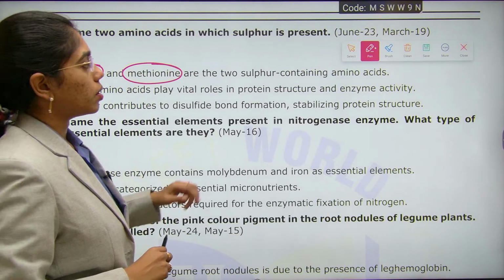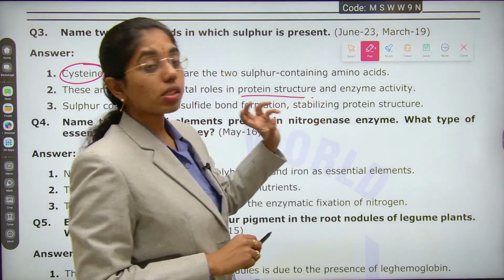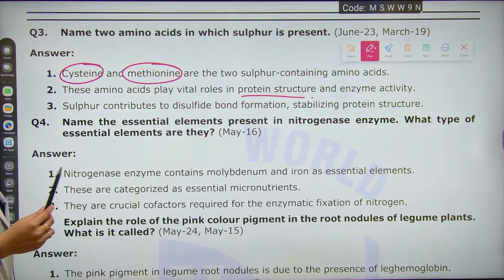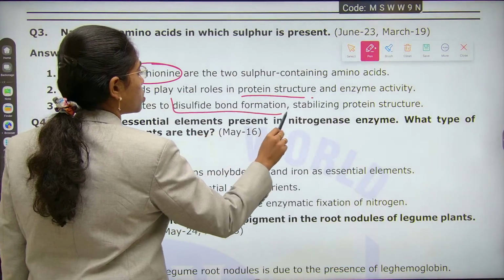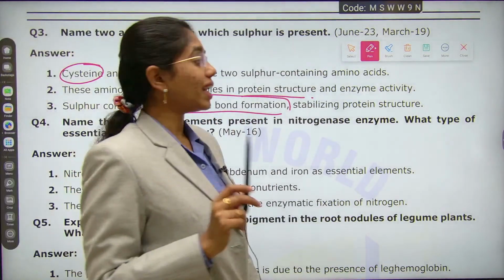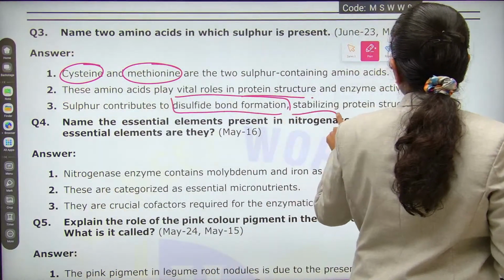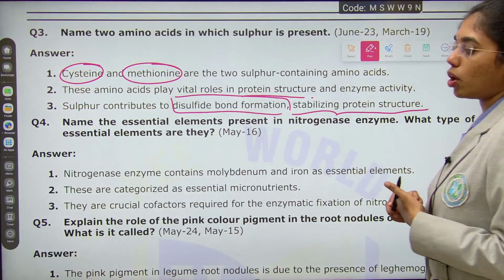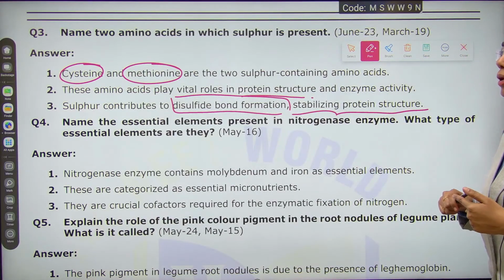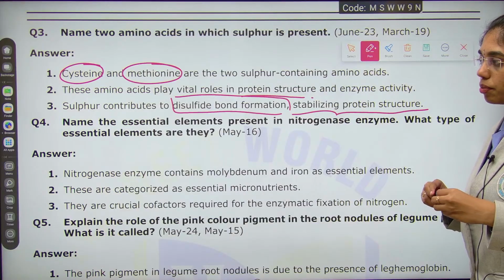They are in protein structures and they also conduct enzymatic activity. Sulfur will contribute to disulfide bond formation, and they will stabilize the protein structures.